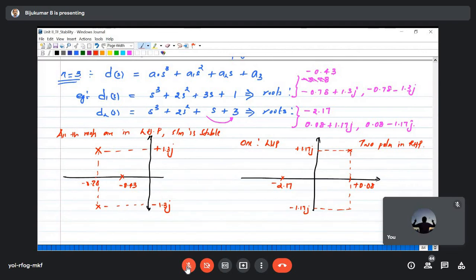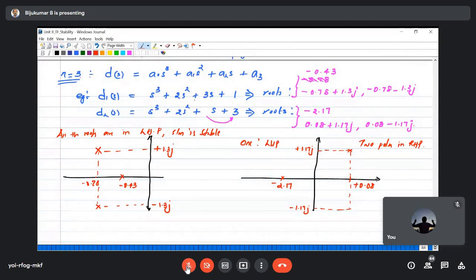The necessary condition is that all the coefficients should be non-zero and have the same sign, right? But we need a sufficient condition to judge the stability of the system, so that you can differentiate between these two.